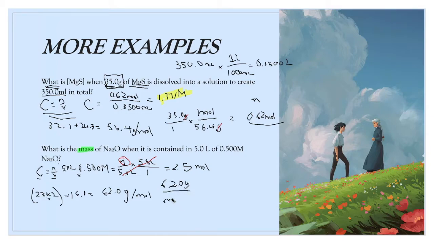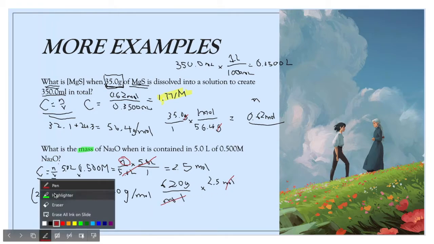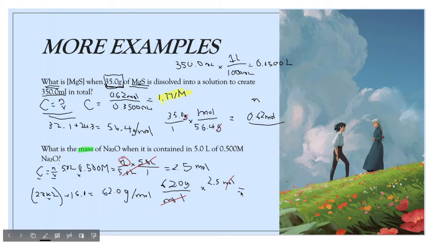It says 1 mole. So in order to get rid of the moles, we are going to have to times this by 2.5 mole. We're going to cancel the mole out in the equation, and what we do is 62 times 2.5, and then we will be getting 155 grams.